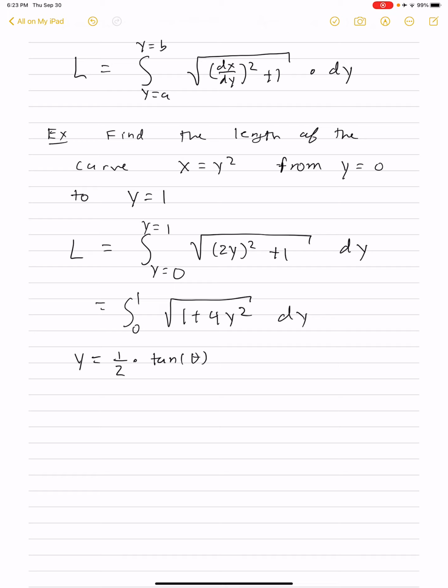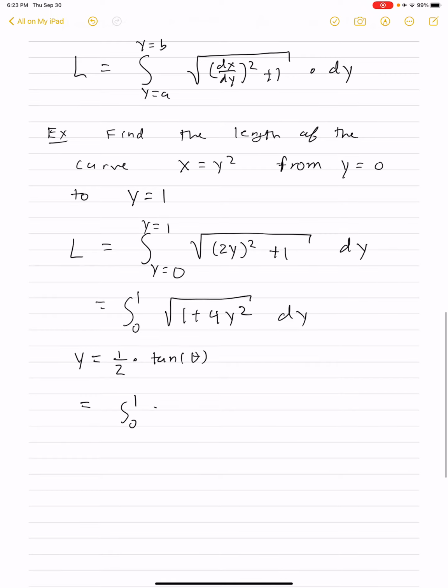When we do that, this will become this integral from 0 to 1 of the square root of 1 plus 4 times 1/2 times tangent of theta squared.